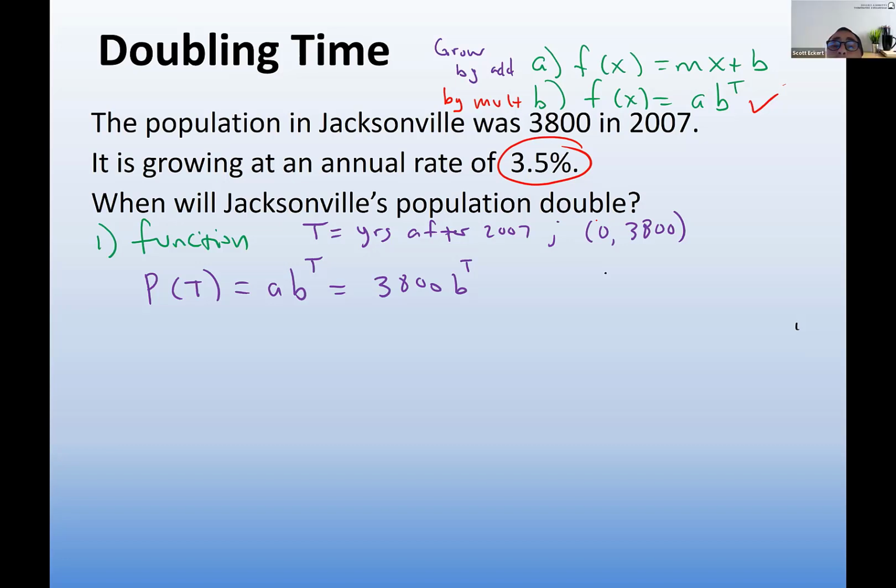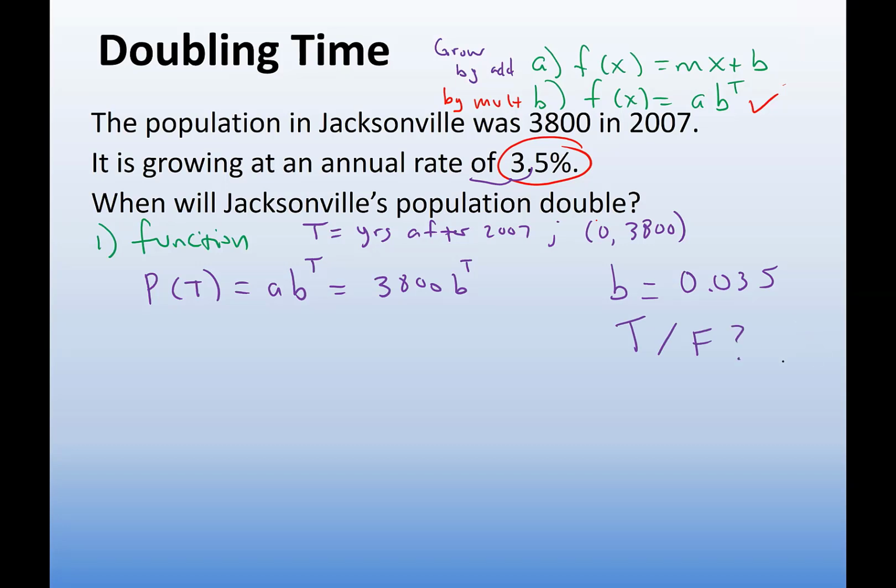B is the multiplier. Oh, so B is 3.5. What do you think about that? Now we have to change that into a decimal. When I divide by 100, it's 0.035. Let's have a discussion about that. Does everybody agree? Is that my b?